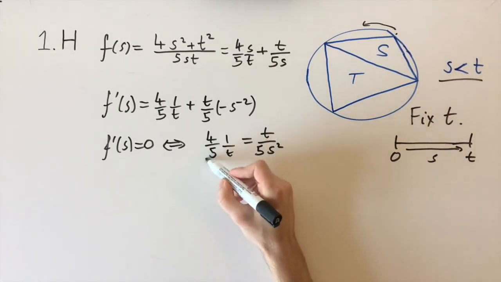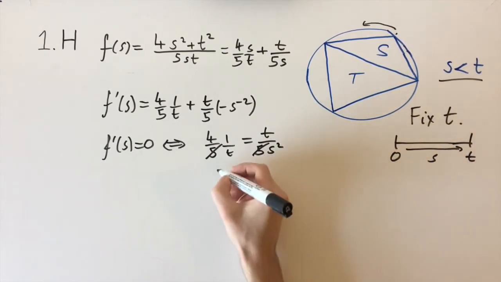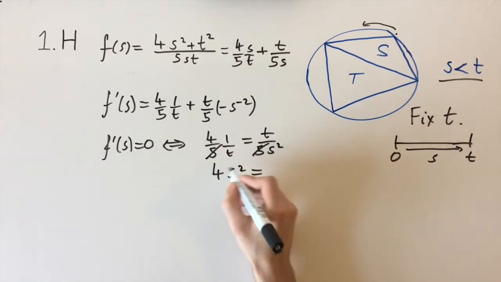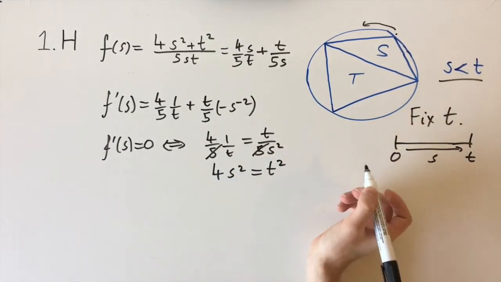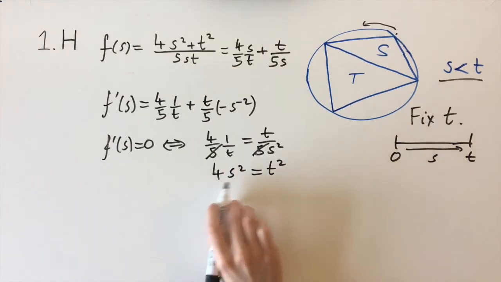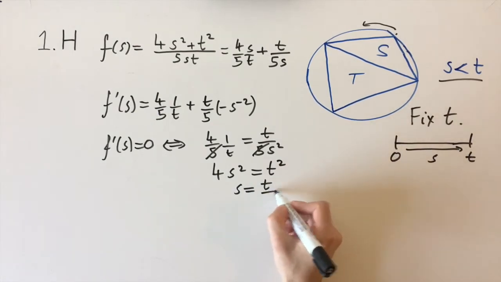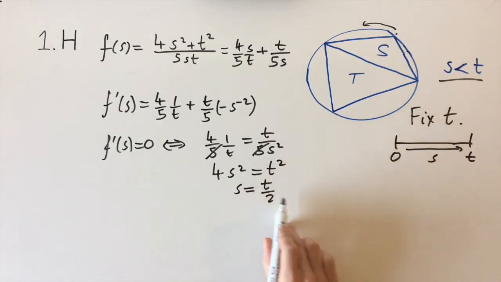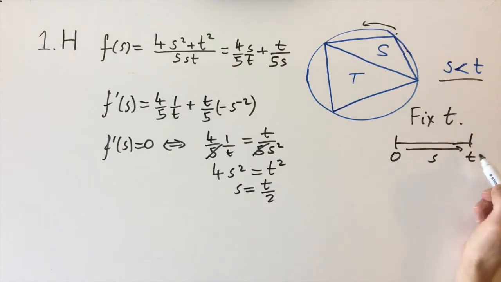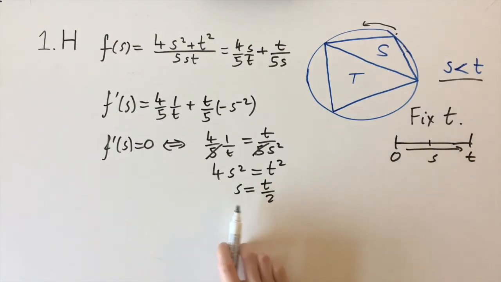Now we see the 5's cancel, and we can cross multiply the t and the s squared, and we're left with 4s squared equals t squared. Then this is fairly simple. We divide by 4 and take the square root, and this gives us the solution s equals t over 2. This is good because it satisfies our condition: it's in between 0 and t, right in the middle. And this point is the turning point.